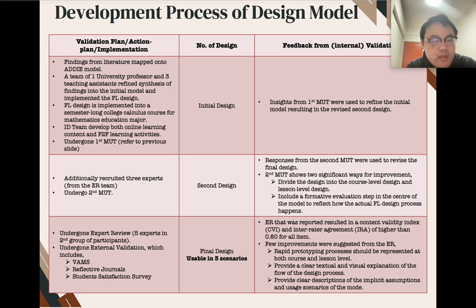They refined the tentative design, as you have seen in the model previously. They constructed the initial design, and they used the initial design for their teaching, and they answered the first model usability test. So the response from the first MUT was used to refine the initial model.